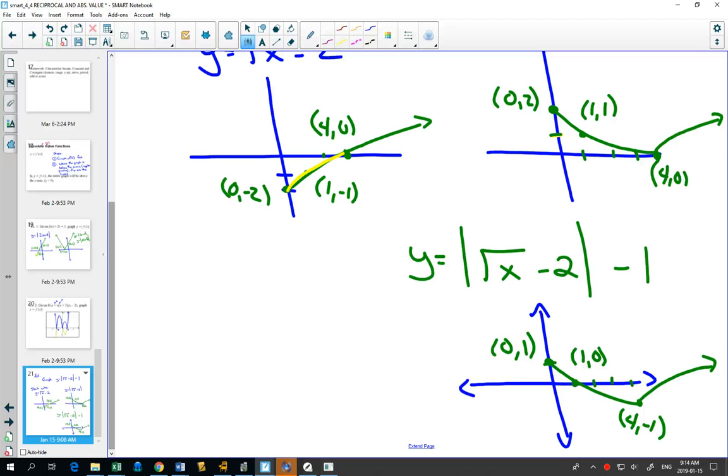So if the last thing you do is subtract 1, it is possible to go into the negatives. Does that make sense? Okay? But for whatever reason, when this comes up on an exam, everybody freaks out because they see an absolute value, and so you get some extra flipping happening. We don't have to do any extra flipping. This is just the final graph.